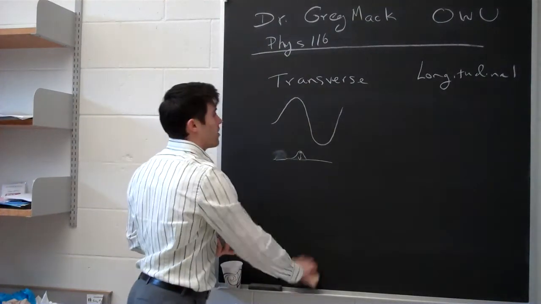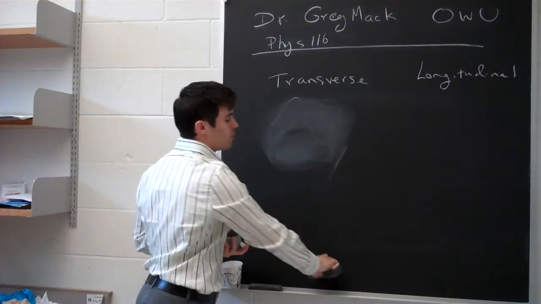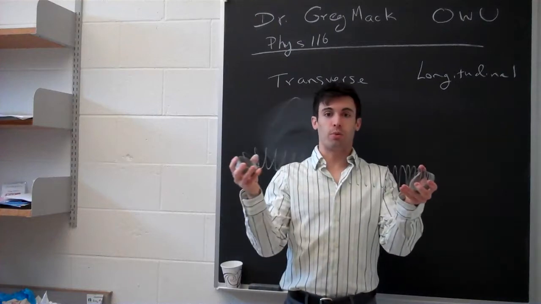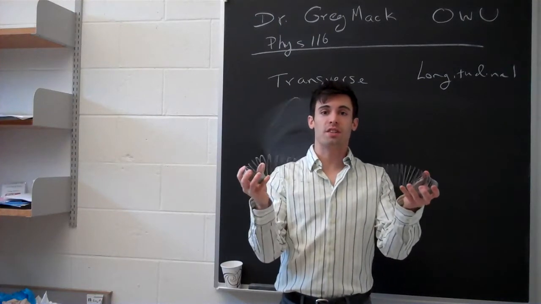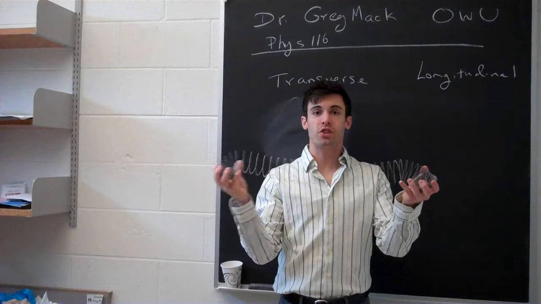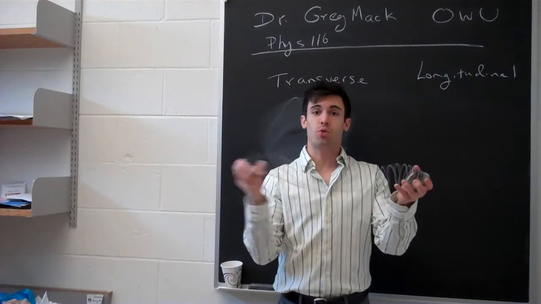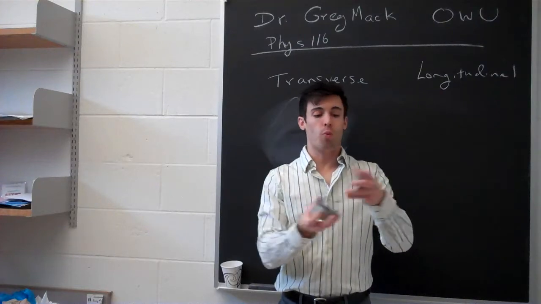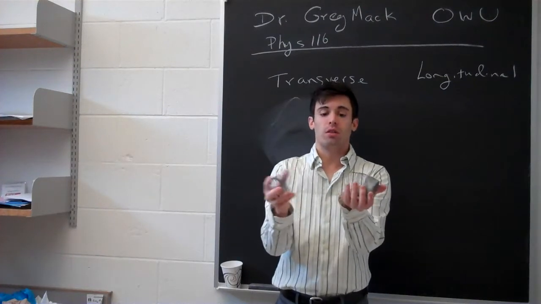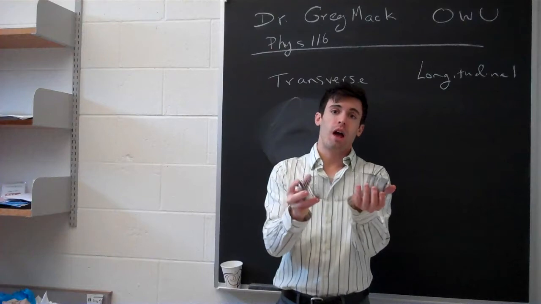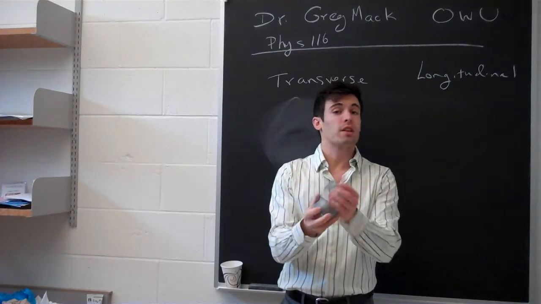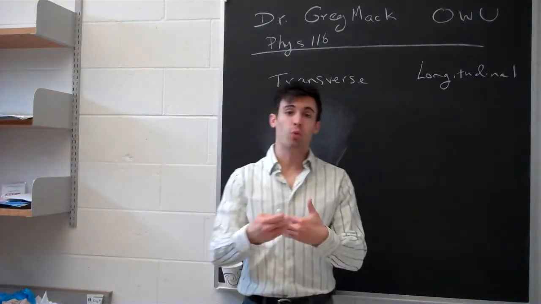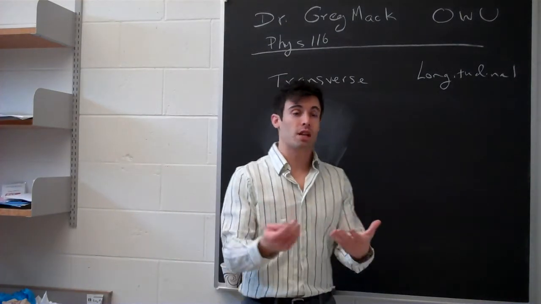The longitudinal wave, on the other hand, would be, for example, sending a pulse across the slinky, where you end up with a section that is more compressed and that travels down. So you actually do have the wave moving in the same direction as your displacement. Okay, not perpendicular, but in the same direction. And that is how sound waves get propagated, and we'll talk more about that in the next chapter.